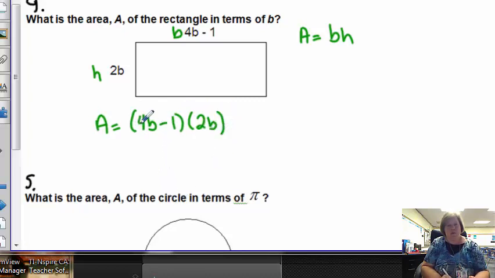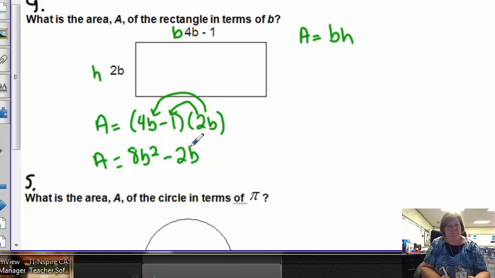To simplify this, we notice that we have parentheses, and when we have a term outside the parentheses, we use distributive property. So we're going to distribute that 2B to both terms in the parentheses, so we get 8B squared minus 2B. So the area is 8B squared minus 2B.